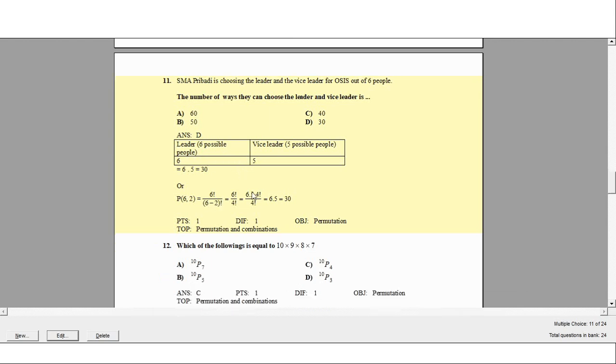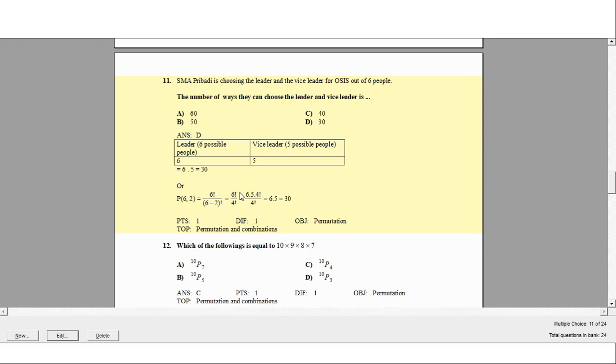Or you can use the permutation formula. You want to choose and arrange 2 people as leader and vice leader from 6. So it's P(6,2), a permutation of 2 from 6. By using the formula of permutation, 6 factorial over (6 minus 2) factorial.